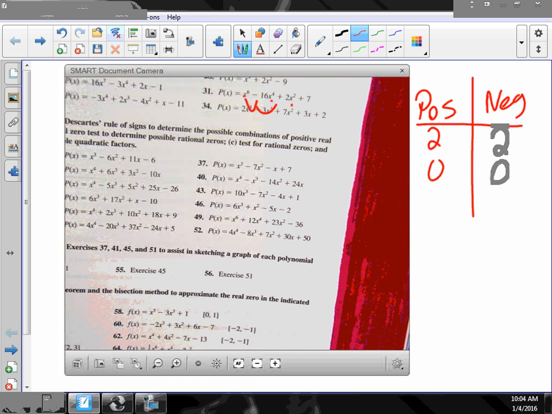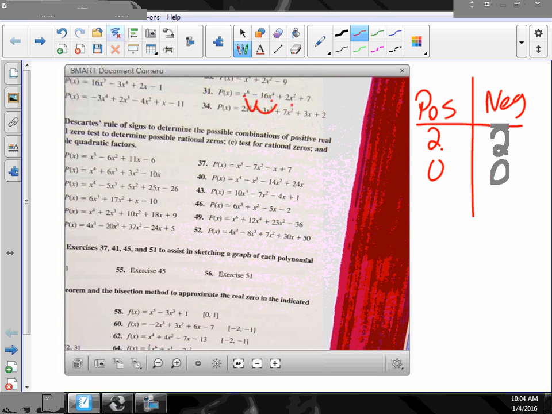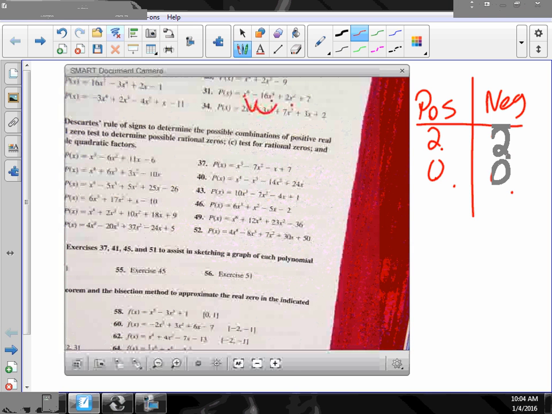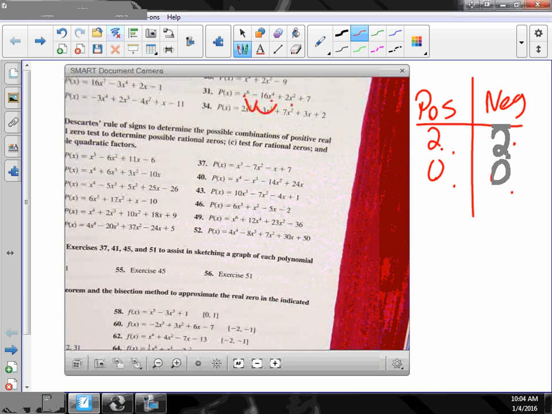So actually in this case, we could have 2 positive, 2 negative, and 2 imaginary. 0 positive, 0 negative, and 6 imaginary. 0 positive, 2 negative, and 4 imaginary. There are a lot of possibilities here. But if there's one positive, there's another positive. If there's one negative, there's another negative. Okay?